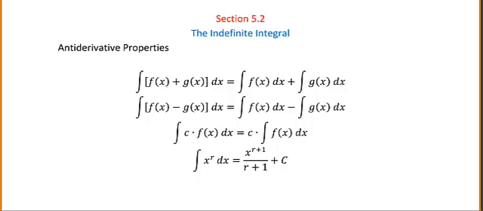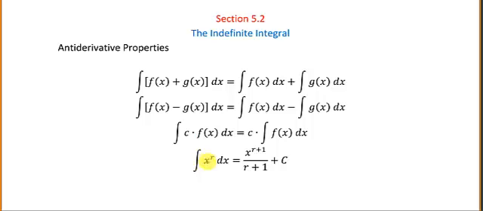The antiderivative of a sum, we can take the antiderivative separately and then add them when we get done. The antiderivative of a difference, we can take separately and then subtract them. The antiderivative of a constant times a function is the constant times the antiderivative of the function.